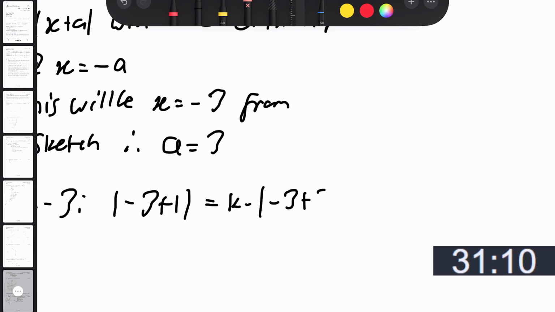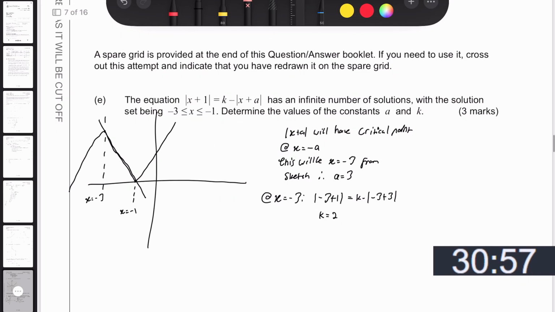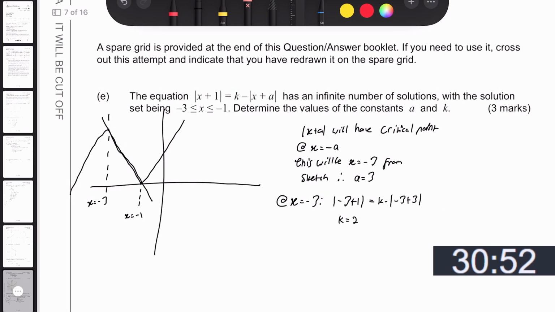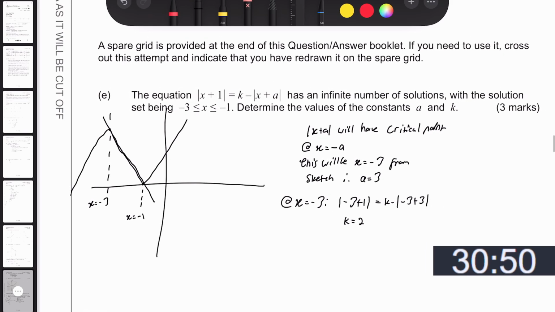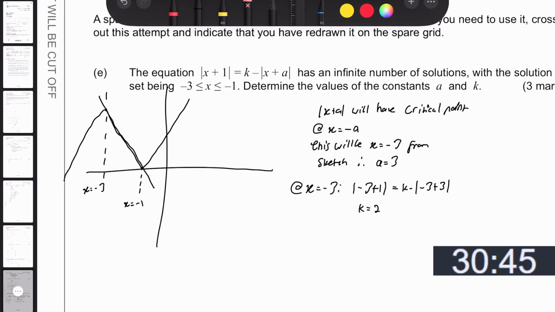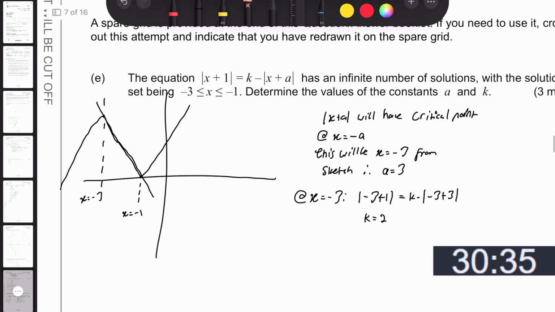So then k is going to equal 2. Okie dokie, I think we're good here.